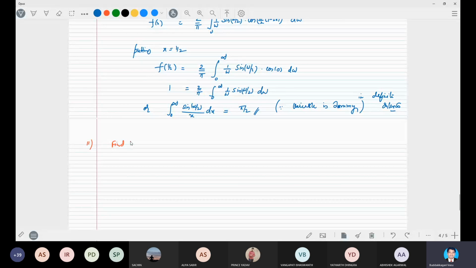Find the Fourier cosine and sine integral representation of f(x) is equal to e power minus kx, where x is greater than or equal to 0 and k is a positive constant.